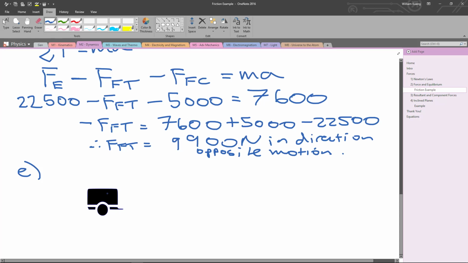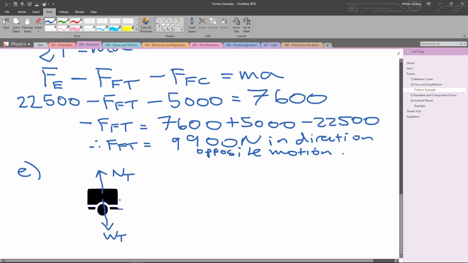Now, for the trailer, you have a normal force, of course. You have a weight force. I'm going to put the T's here just to make sure it's clear that it's the trailer. And you have the tension force, because where the trailer is connected to the car, it's at the trailer. So what is actually driving the trailer is the tension in the tow bar.